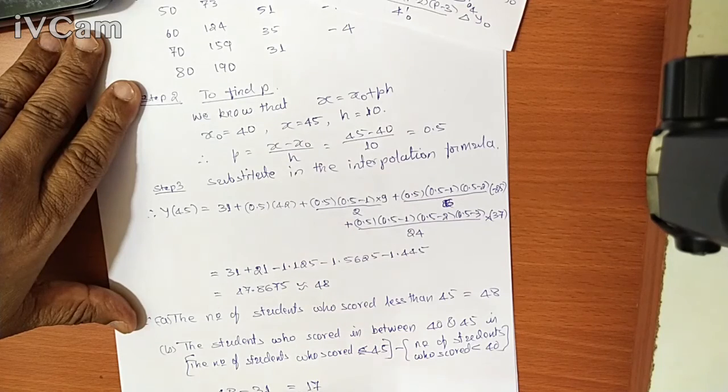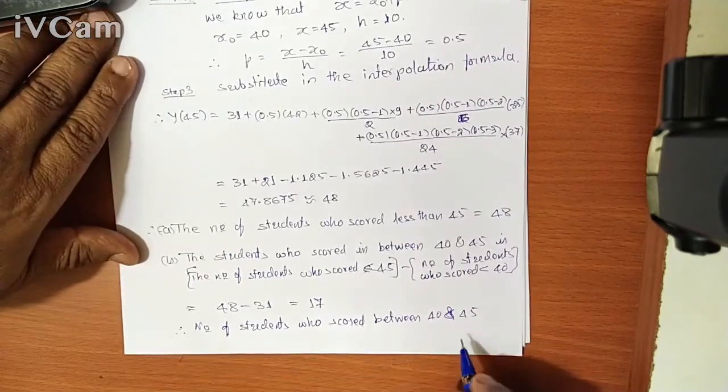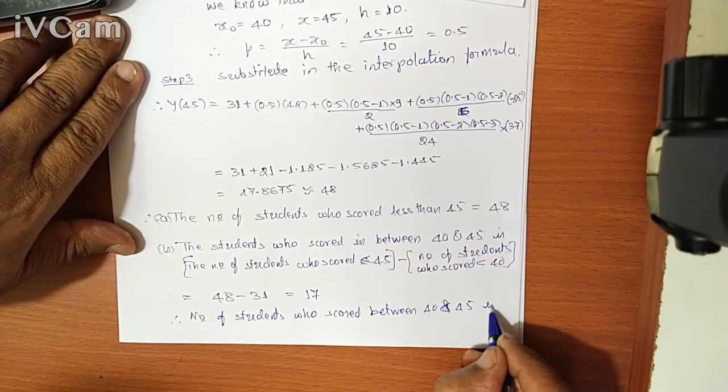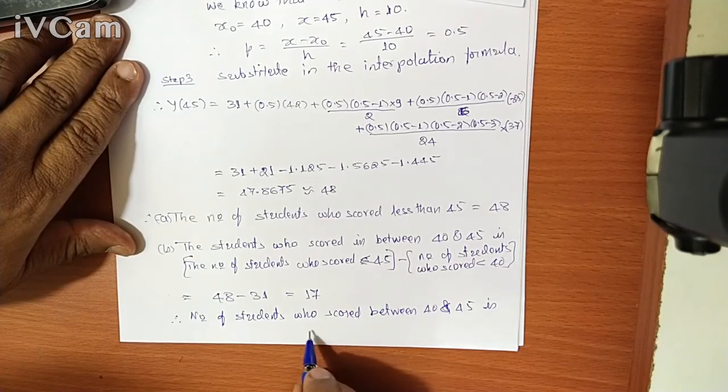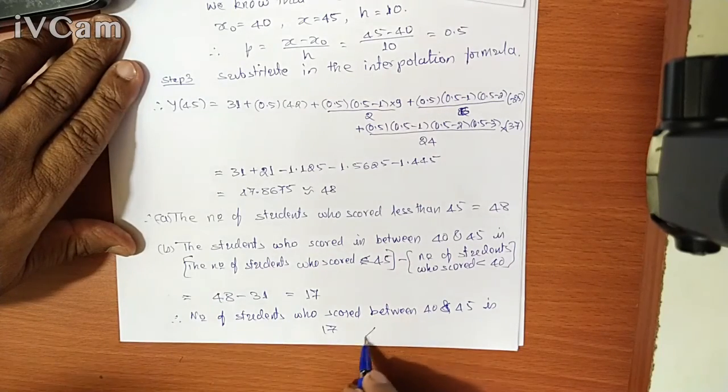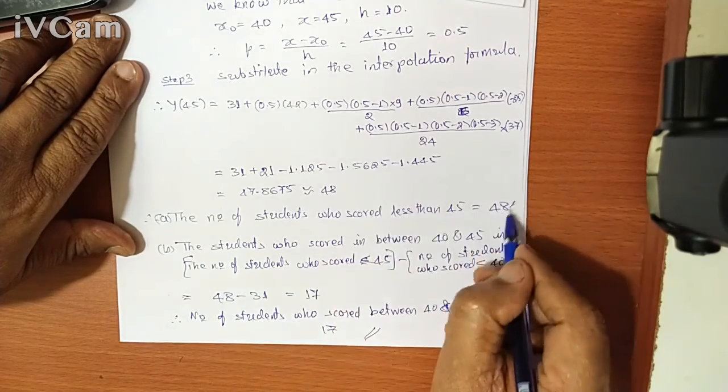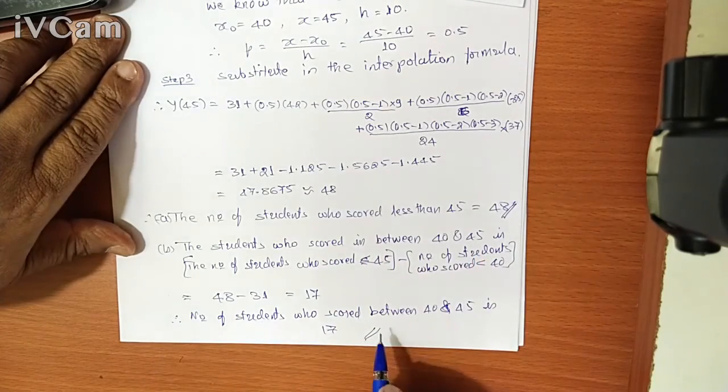So this is the final number of students. Therefore, the number of students who scored between 40 and 45 is 17. So this is my complete answer. 48 is A, B is 17.